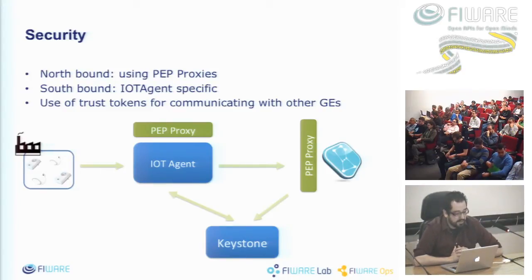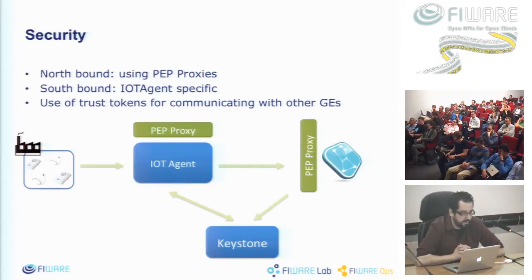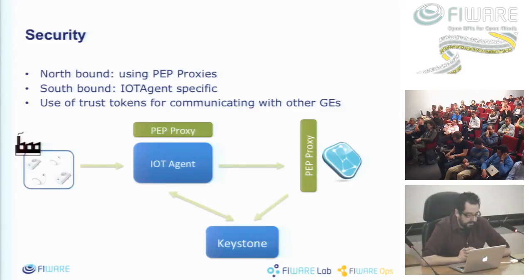That is how the IoT agent writes the information into the Orion context broker, that will in turn be protected with a PEP proxy. The IoT agent needs a security token in order to write the information coming from the device in the context broker.